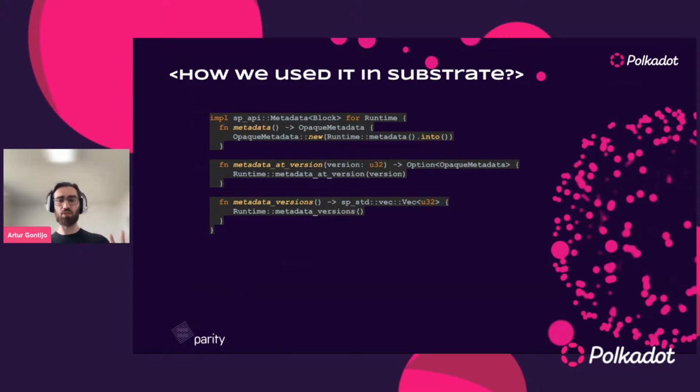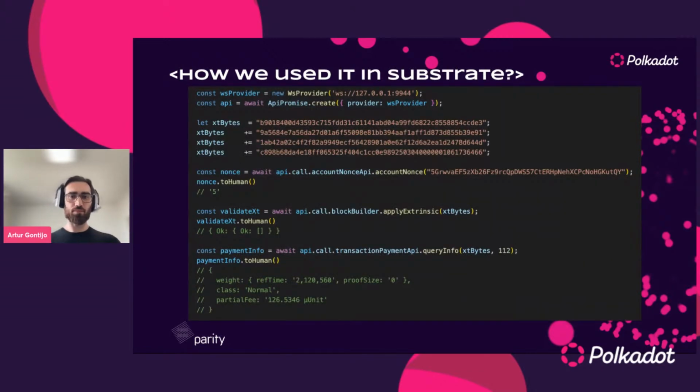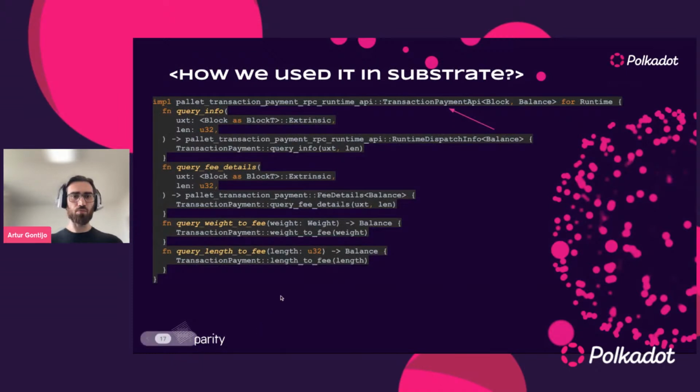But if we decided to go with the runtime API approach, we can change things. Maybe you can add a method here for this trait, and then we implement it here.